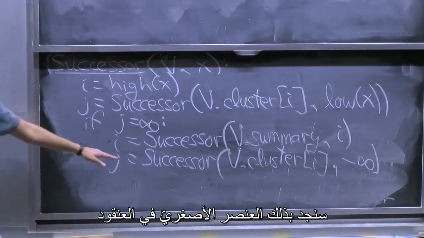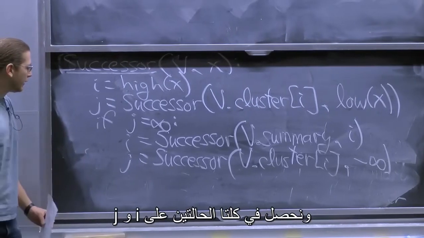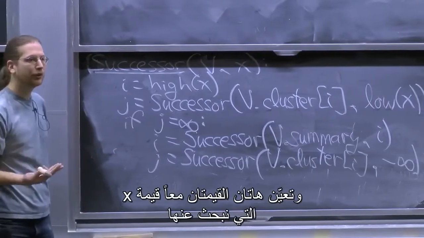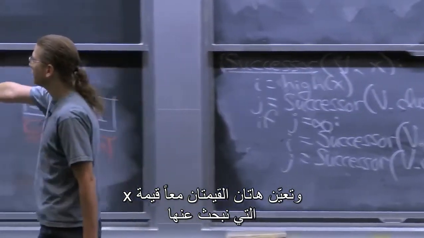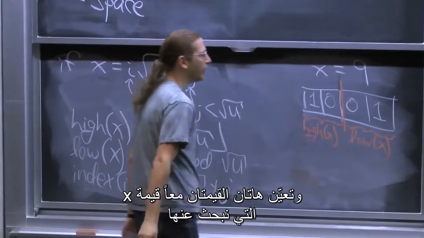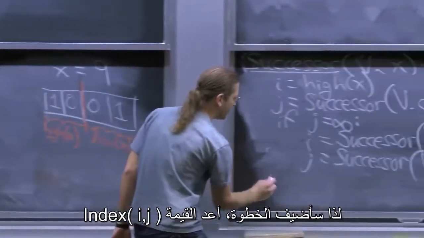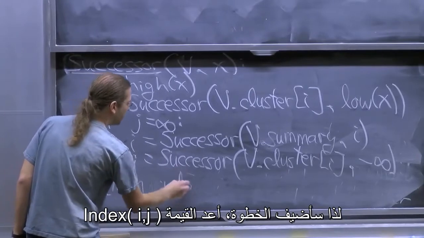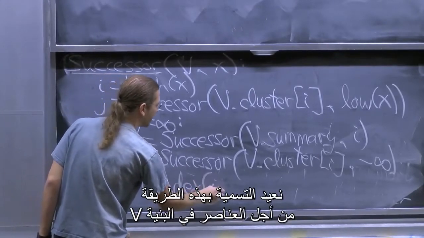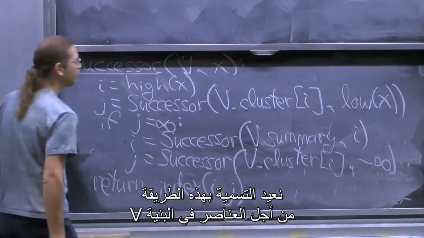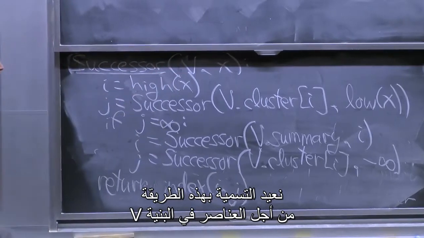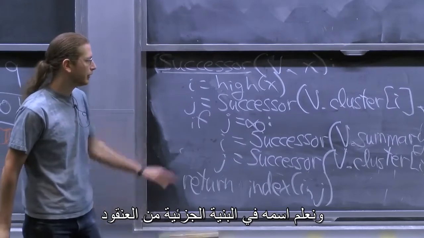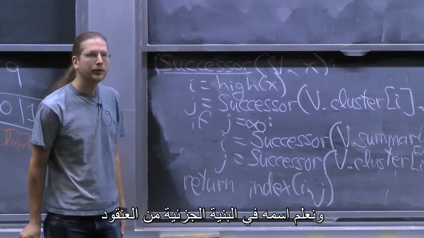So this will find the smallest item in the cluster. And then i, j, in both cases, we get i and j, which together in this form describe the value x that we care about. So I'm just going to say return index of i, j. That's how we reconstruct an item name for the structure V. We knew which substructure it's in, and we knew its name within the substructure, within the cluster.